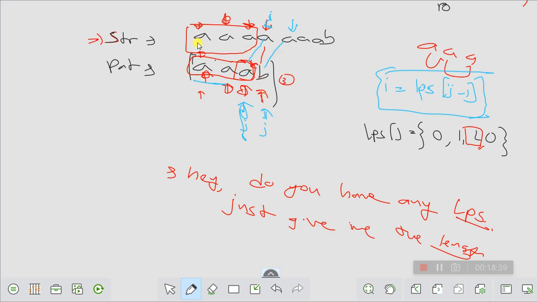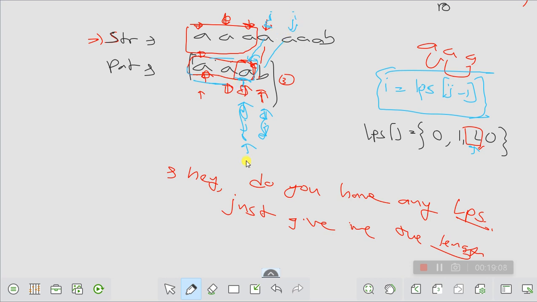So I'm going to ask again, since this whole part is matching, can you please tell me whether you have any prefix suffix equal? It will say yes, I have a prefix suffix which are equal, and the length of this is 2. I will not tell you again. Okay, so now I'm going to move to this index again.